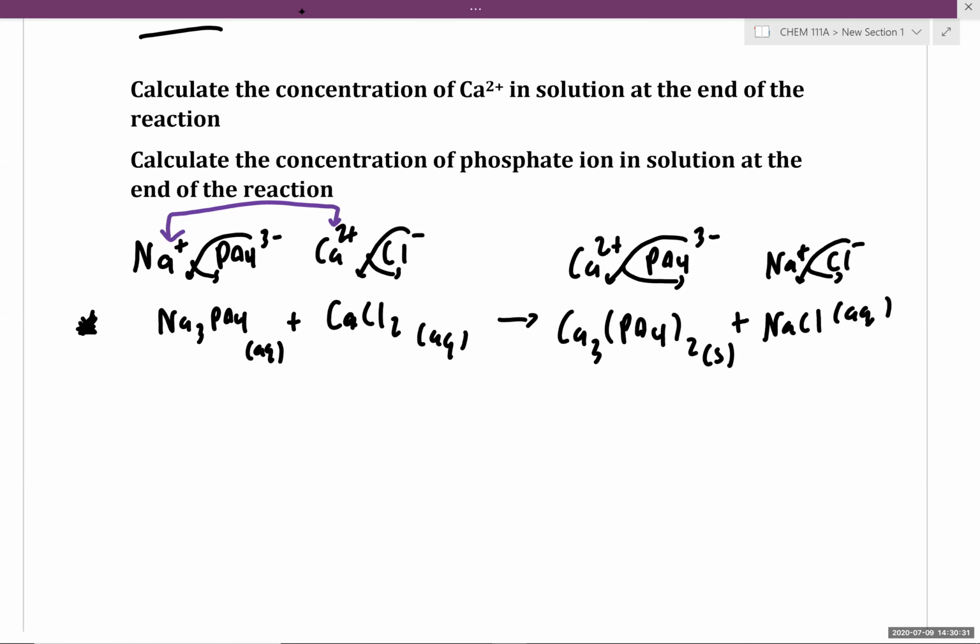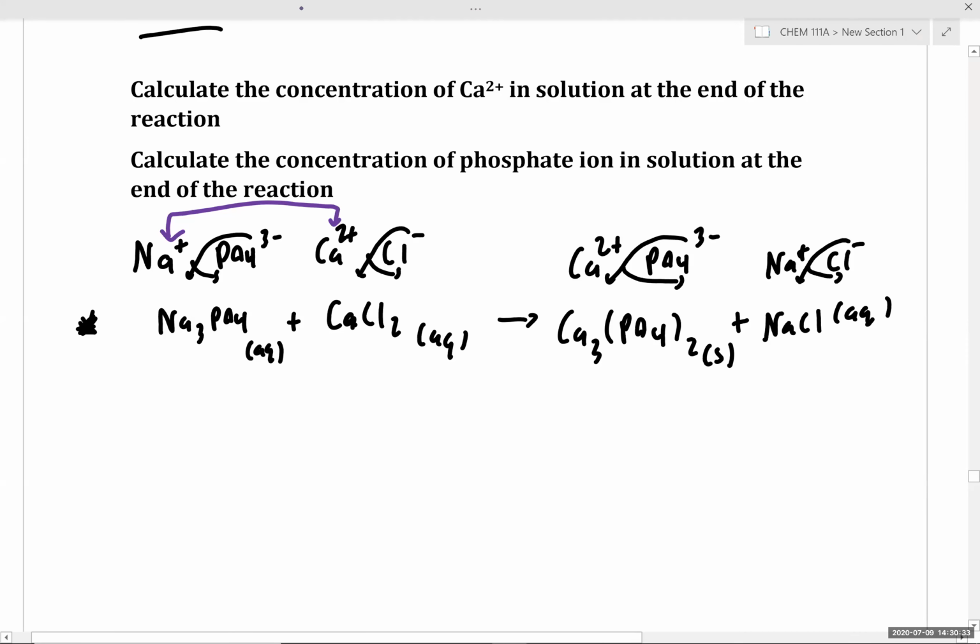So we're going to utilize the cross method to balance our coefficients. So first and foremost, we are going to balance phosphate, as we have 2 phosphates on the right. We're going to put a 2 in front of sodium phosphate. As we have 3 calciums on the right, we're going to put a 3 in front of calcium chloride, and then a 6 in front of sodium chloride to balance out our sodium and chloride ions.